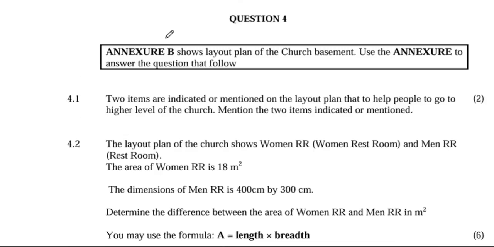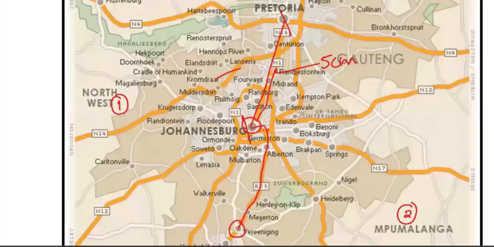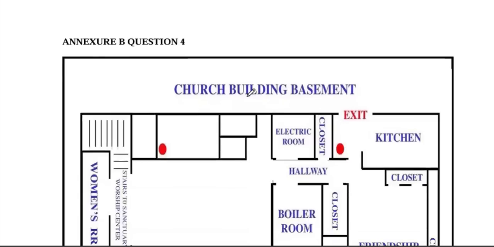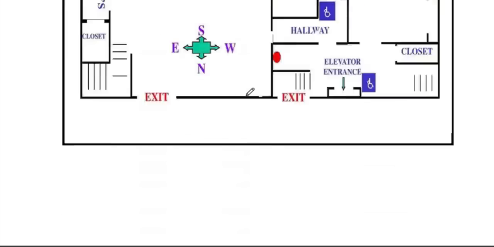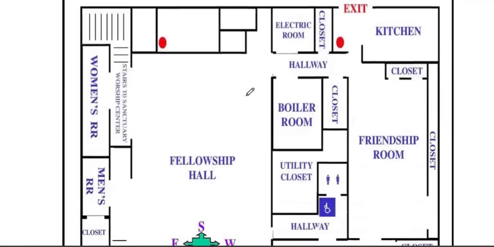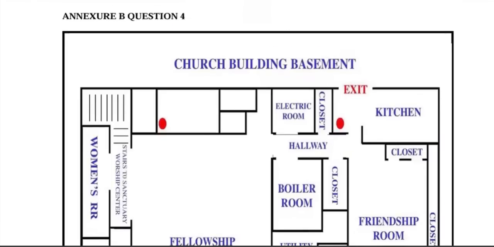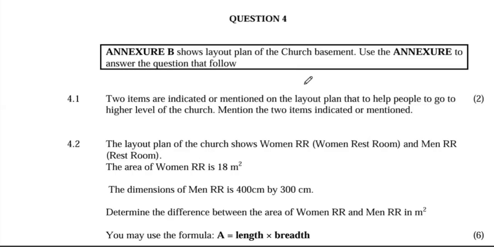Next, figure B shows the layout plan of a church. Use the figure to answer the questions that follow. 2 items are indicated and mentioned. So they're asking to mention 2 items that indicate this is a higher level, like it has storage.